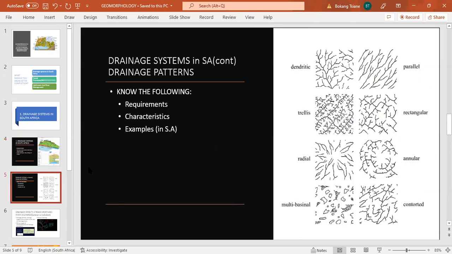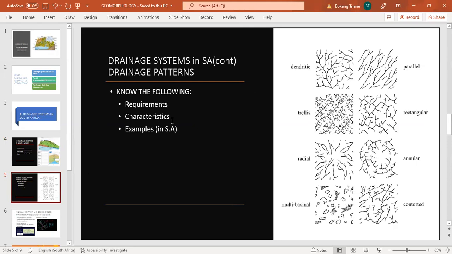So moving along, we have different drainage patterns. For each drainage pattern, you have to know the requirements for formation: for a dendritic pattern to form, what needs to happen, for a parallel pattern to form, what needs to happen, and for trellis pattern, rectangular, and so forth, what needs to happen for them to be formed.